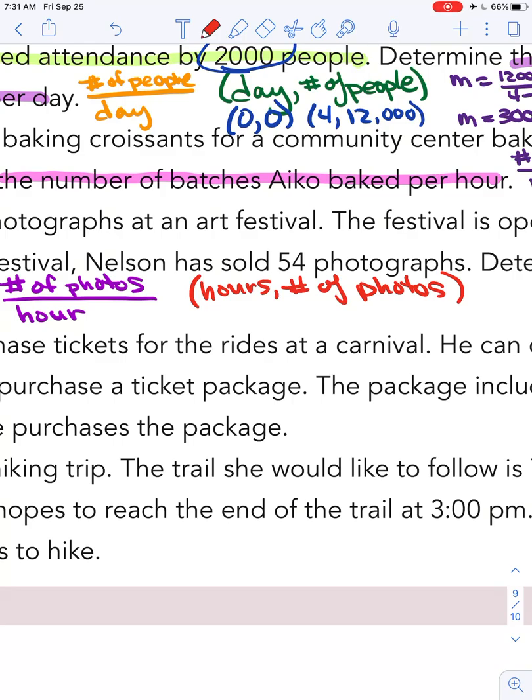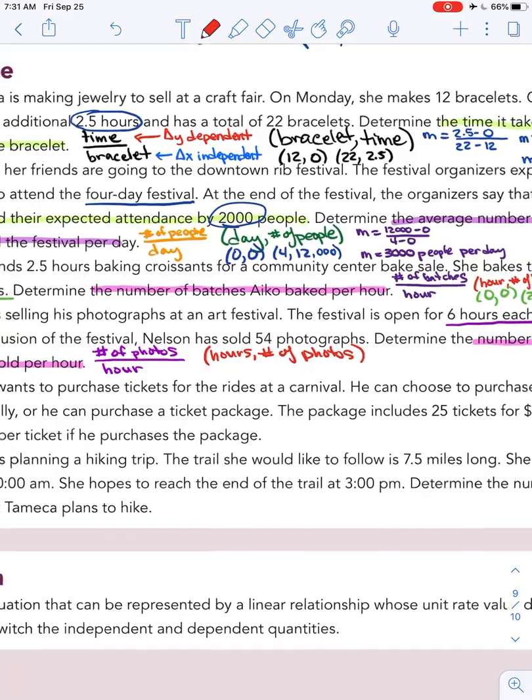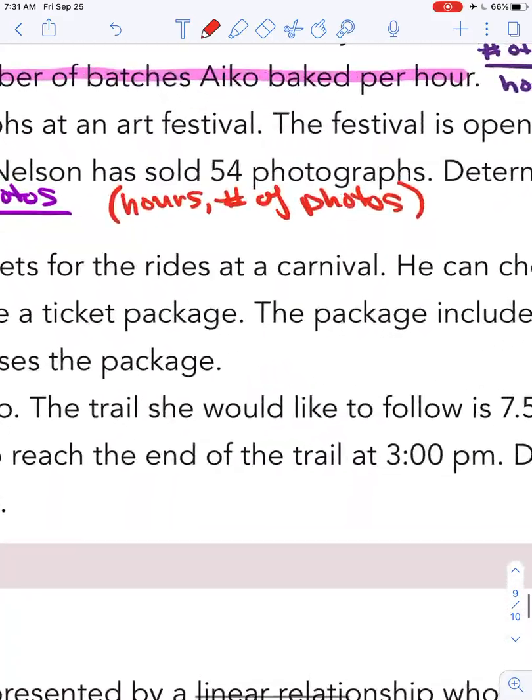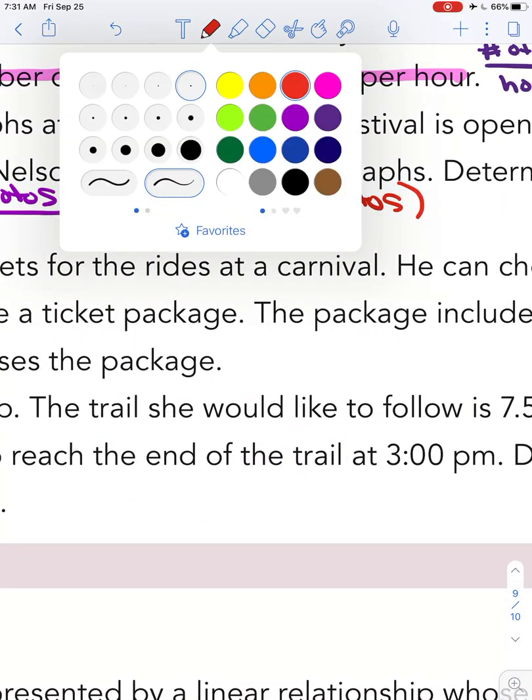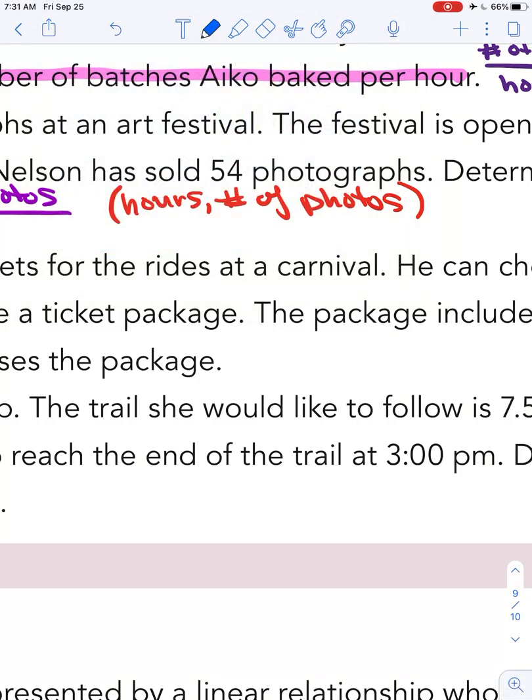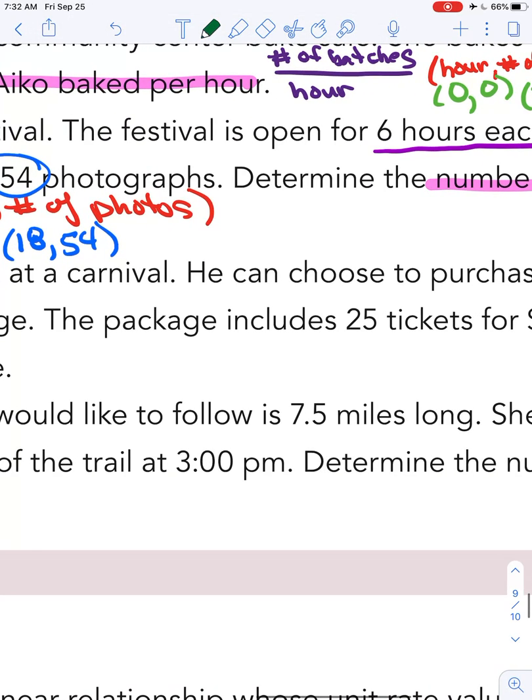Then I look at this. When I start the festival, do I have any hours? No, not yet. Have I sold any photos? Not yet. But remember, 3 days for 6 hours, that's 18 hours. How many photographs? Right here it tells you 54. So again, I just find my slope like I've been finding.